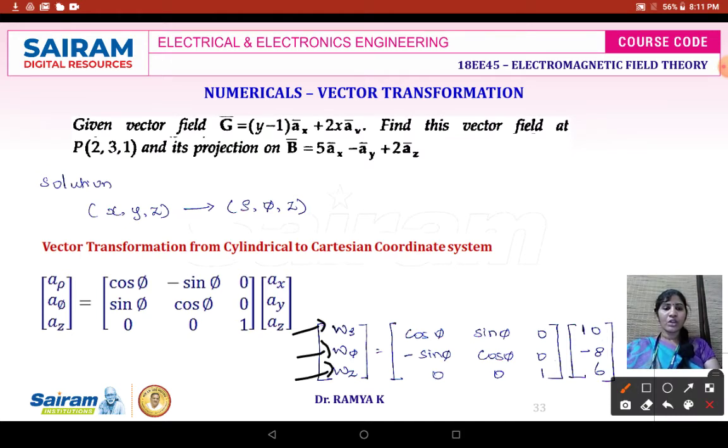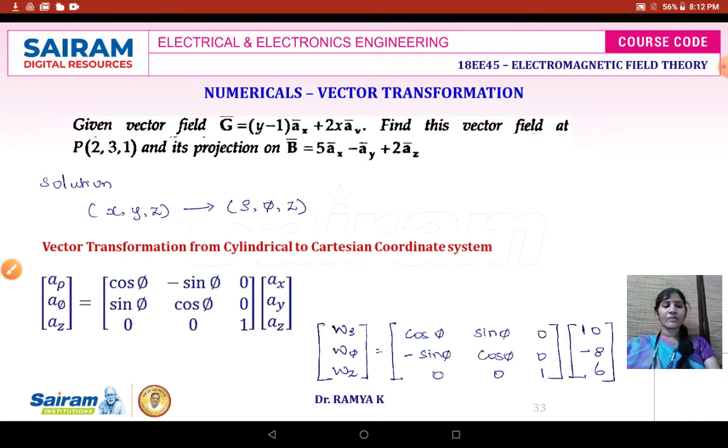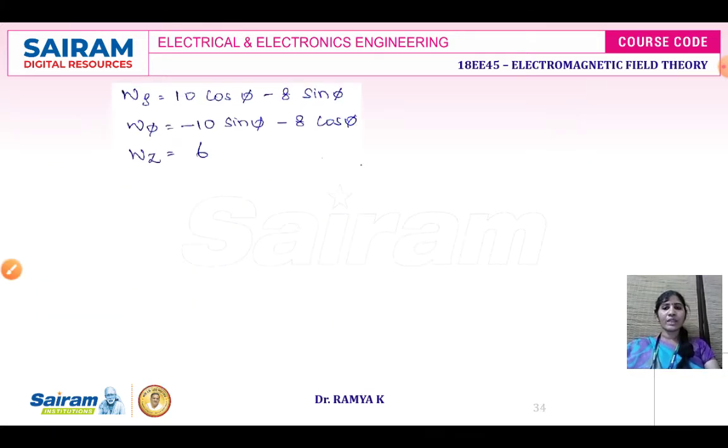W rho is 10 cos phi minus 8 sin phi. W phi is minus 10 sin phi minus 8 cos phi. Wz is going to be 6. So after writing, you will be getting W rho, W phi and Wz.